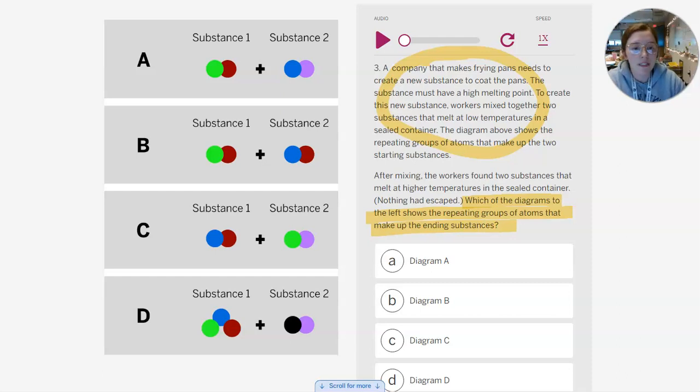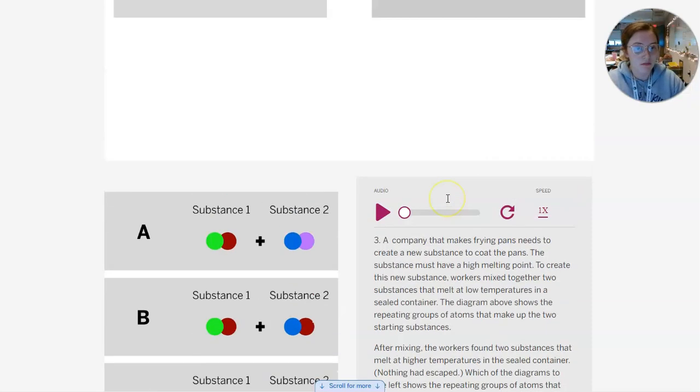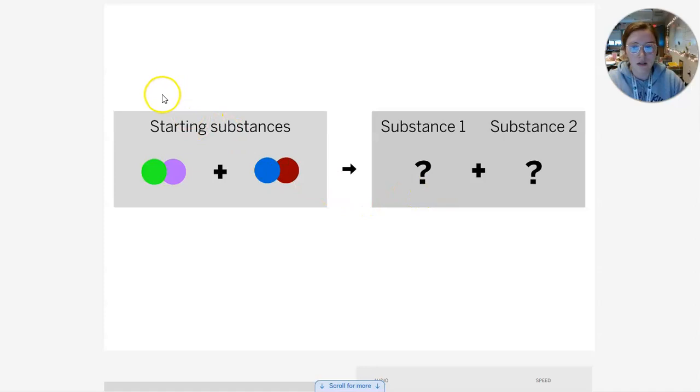What's important up here is just showing they have different properties. So the workers found the two substances melt at a higher temperature in the sealed container. Meaning properties, and these properties are different than these and these.